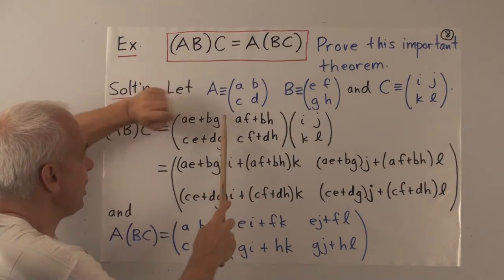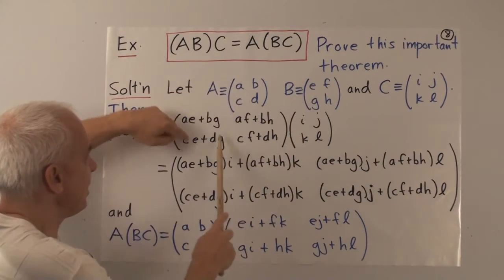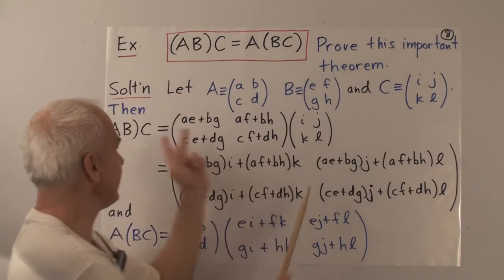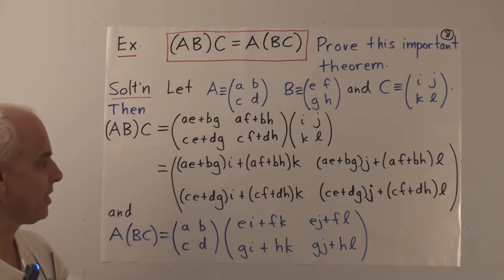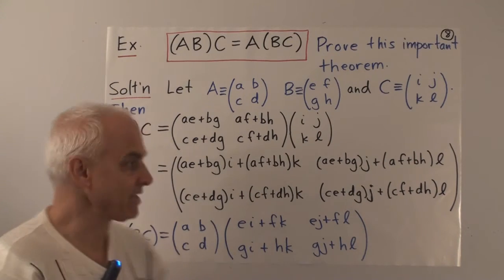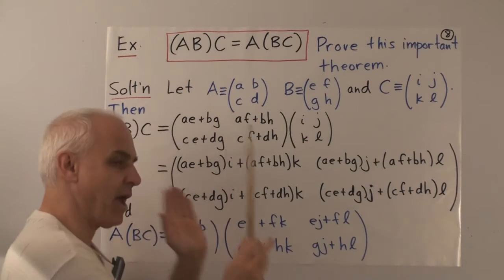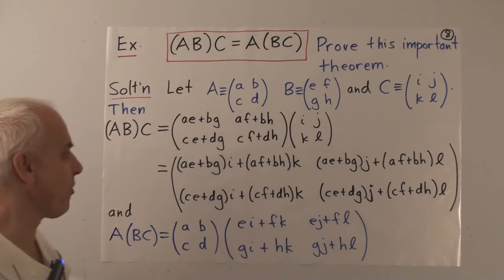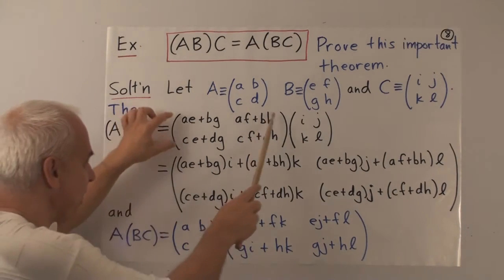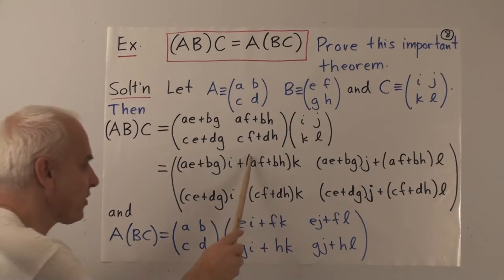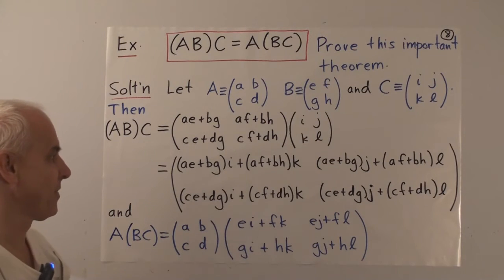AE plus BG, CE plus DG, and so on. And now we have to multiply that by C. Okay, here's where it gets a little bit involved, because now this matrix is already getting a little bit complicated, but we have to just apply our basic rule for multiplication. How do we multiply this 2-by-2 matrix by this 2-by-2 matrix? Well, we work out the first column first.